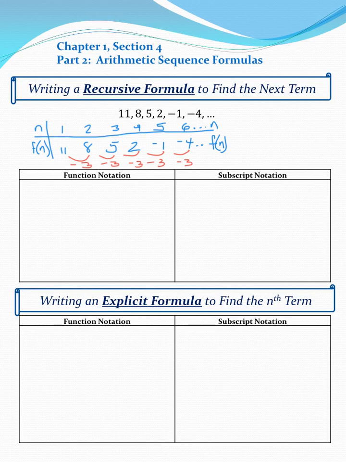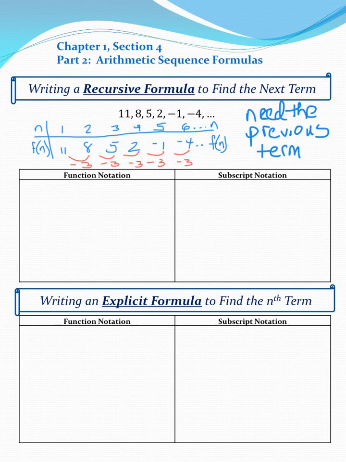So it's somewhat limited in its use, and I'm not going to be focusing too much on the recursive formula because it is limited. But let's make a note here that for the recursive formula, you need the number before. So you need the previous term in order to get the next one. That's what makes it somewhat limited, because if you wanted to find f of 100, you would need to go all the way out to f of 99.